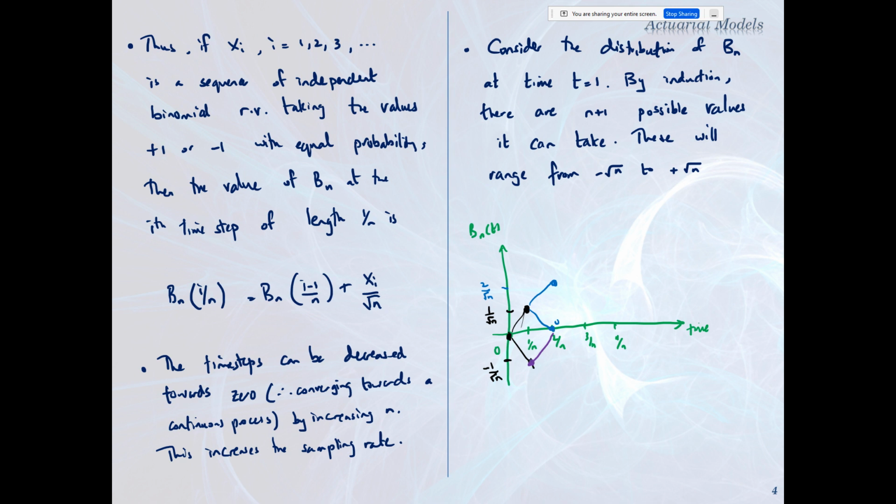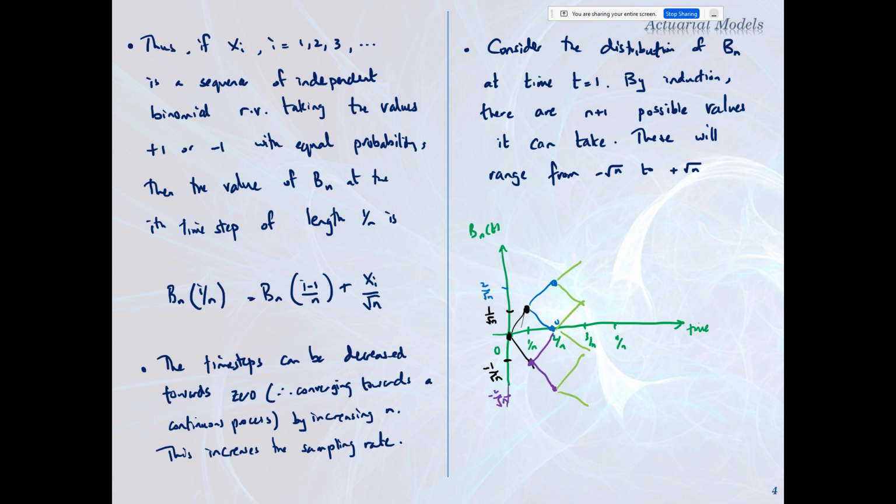This one goes up, minus 1 over square root n plus 1 over square root n becomes 0. And maybe going down once again, so this is minus 2 over square root n. So it goes on like this. We go up once again to 3 over square root n, down, up, down, etc.